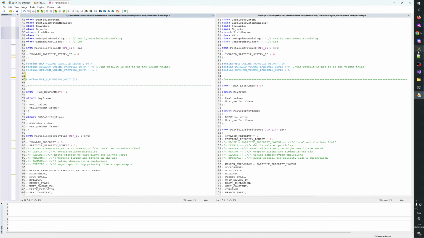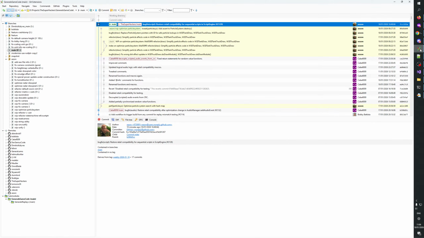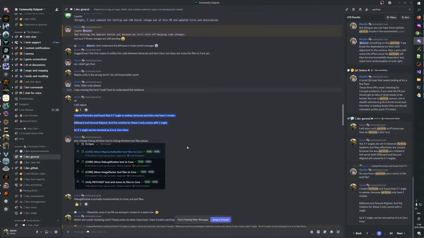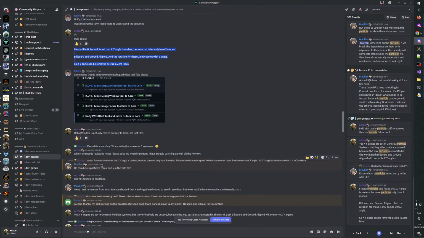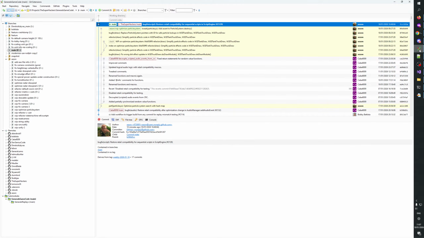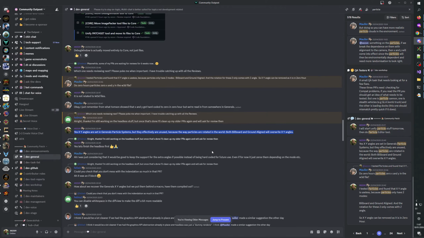And then I will write the same thing that we wrote here. This, and then I had another comment down here. They are effectively unused because the way particles are rotated in the world overrides XY angles. Put them behind a macro.